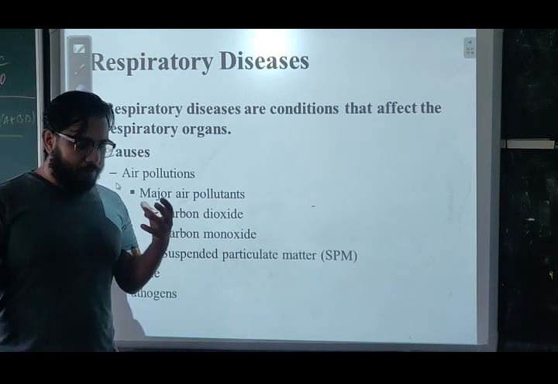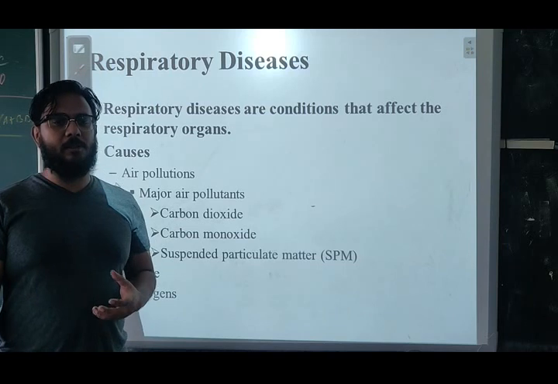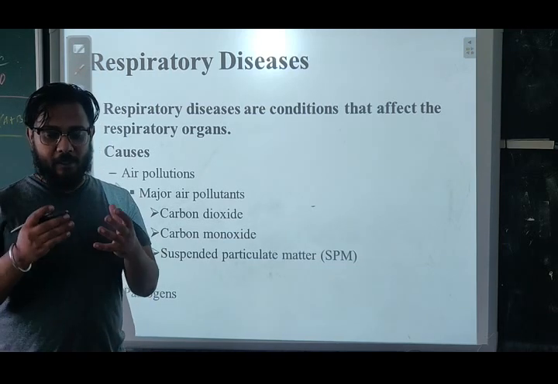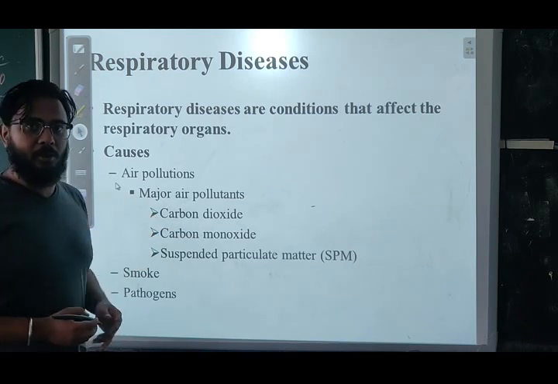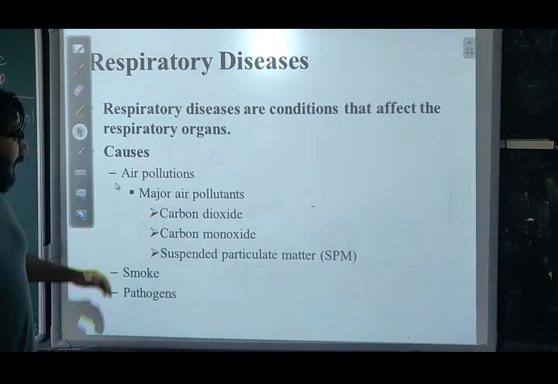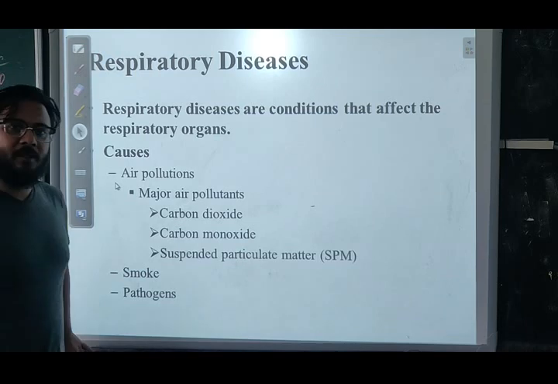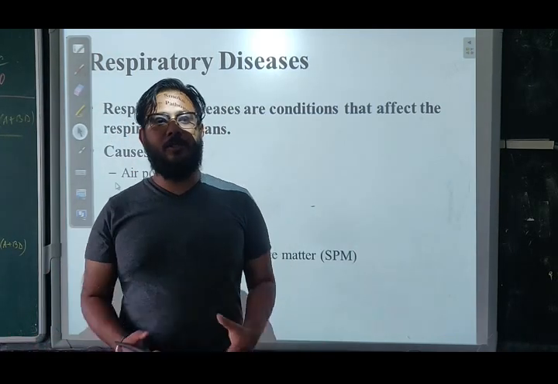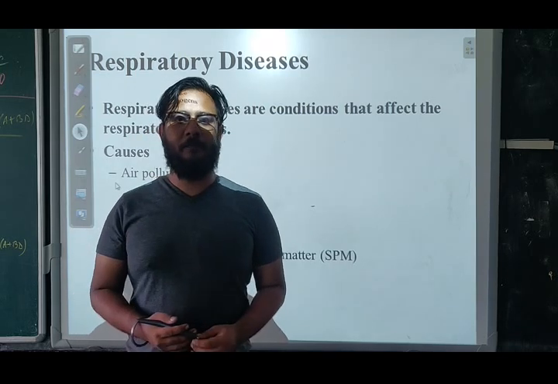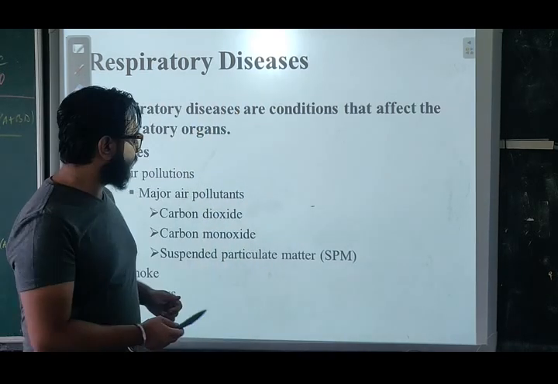These are your smoke particles and other things in the air which are not carbon dioxide and carbon monoxide. The other causes are smoke and pathogens. Pathogens are all your viruses, germs and bacteria that are present in the air.